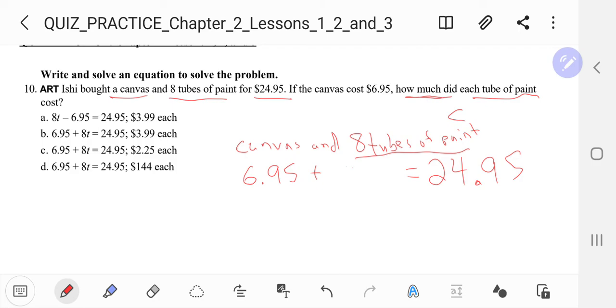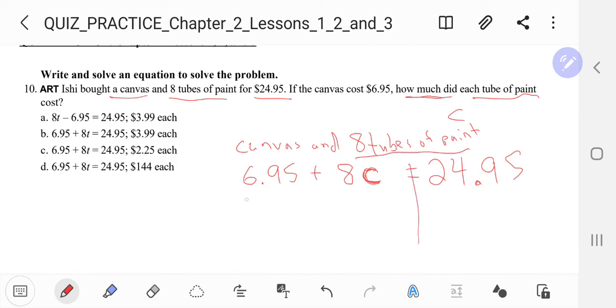But if we find out the cost, all we have to do is multiply that amount, the cost, by the number of tubes. And that will give us how much money we spent on those tubes of paint. All right, so that is our answer. Oh, it looks like they used t for tubes of paint. And then you actually had to end up solving this.